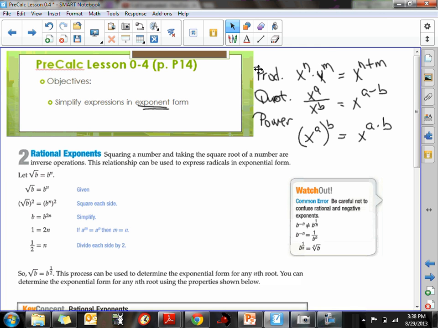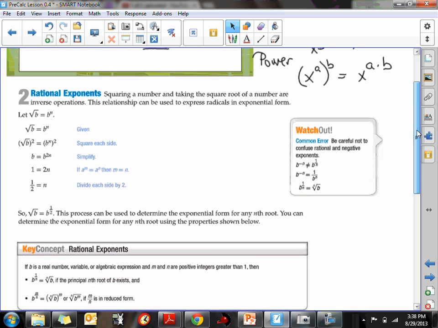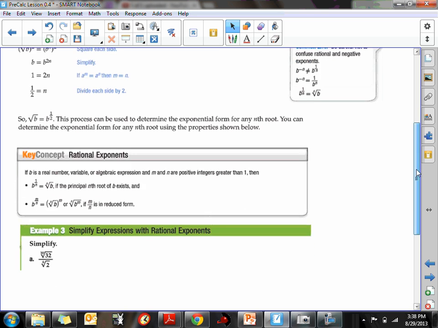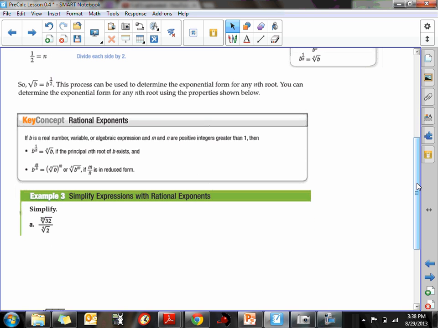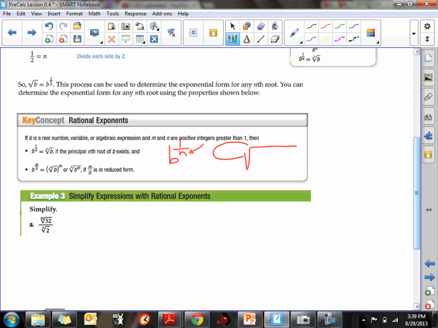Now they give a little bit of an explanation here about all this, and you can read through that, but basically they're giving you a pretty good explanation of what's going on. I'm going to highlight some applications of these exponent forms. In essence, what they're telling us in this key concept is if we have b to the 1 over n, the bottom number, the denominator, always tells us the index of our radical.